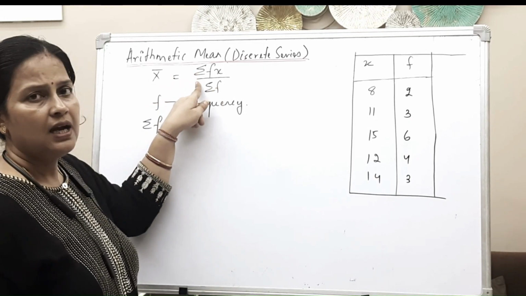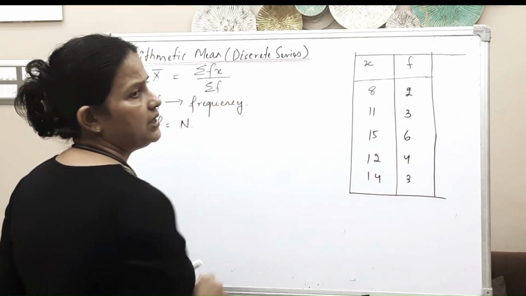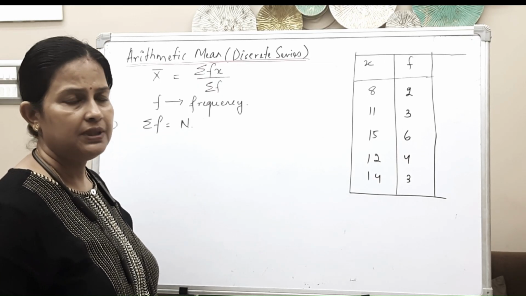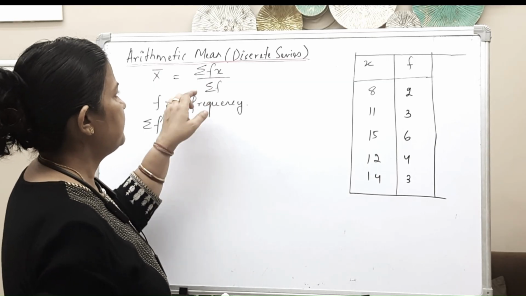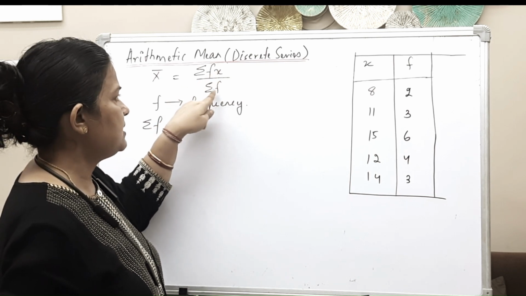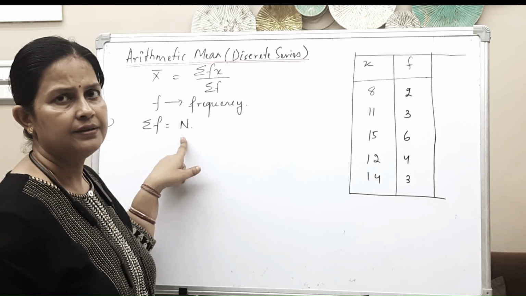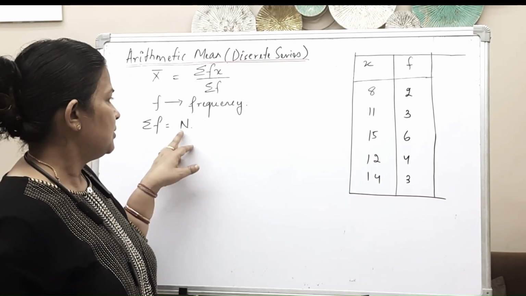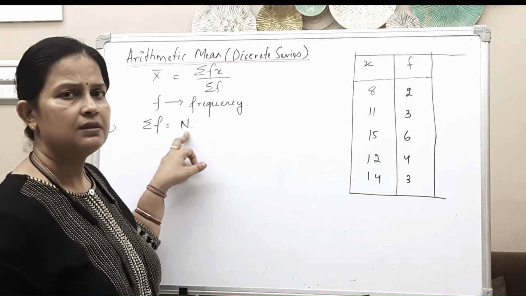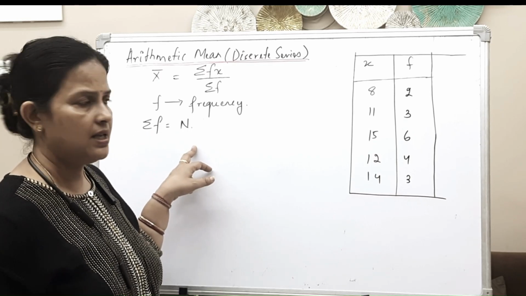So here, frequency is nothing but the repetition of our data. When we make the group of data, that is called frequency. Therefore we have taken sigma of fx divided by sigma of f. Sigma of f is nothing but n. So as not to be confused, I have taken the uppercase N here; in individual series we took the lowercase n.